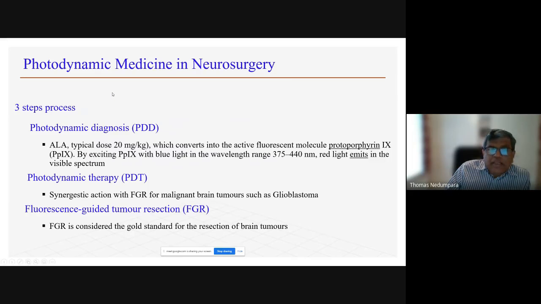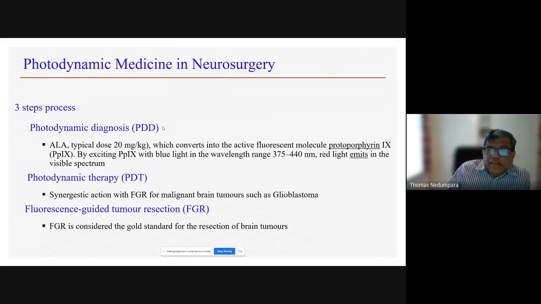Another method is photodynamic therapy. It has 3 processes. First, photodynamic diagnosis. The same principle, ALA, is intravenously given, and this will produce a fluorescence, which is picked up by laser at 375 to 440 nanometer light.